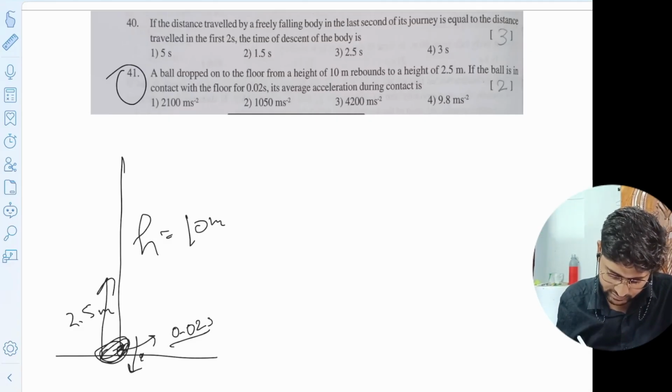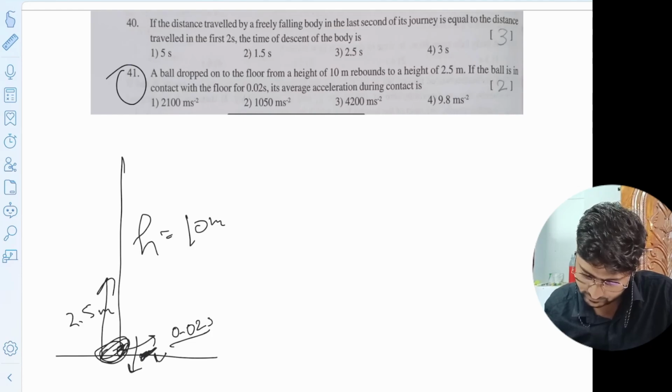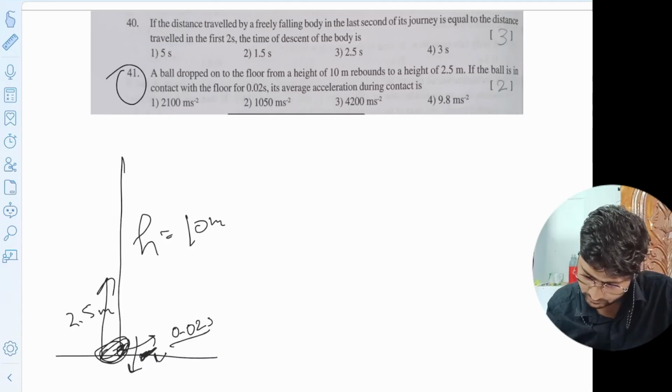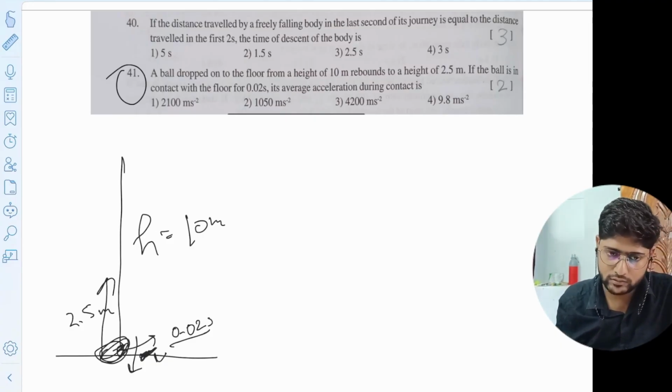First find the velocity here at the last point, whatever the velocity is here. And then it will go up, and then you have to see what is happening here.